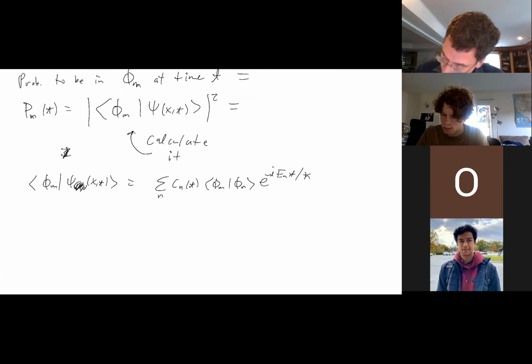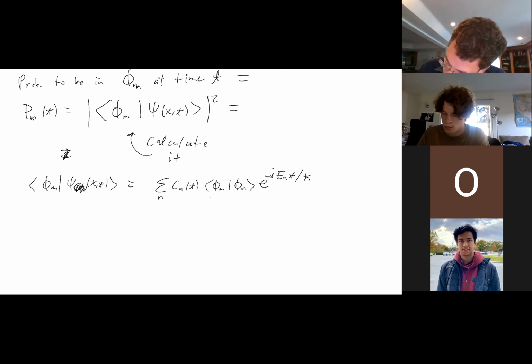What is this thing equal to? Dirac delta. I mean, a Kronecker delta. Right. And so that collapses the sum, and now it goes from a sum to this Cm of t, e to the negative i Em t over h bar.